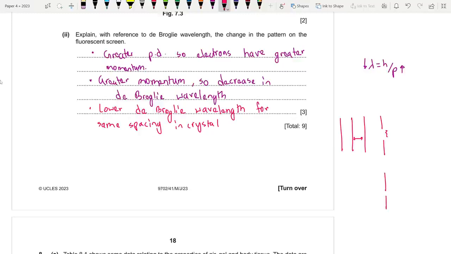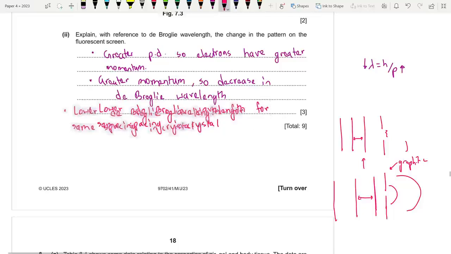If you keep the slit width the same, for this case it's graphite, and increase the wavelength, what actually happens? The angle of diffraction will actually increase. So what happens here? We actually lower the wavelength, right? If you lower the wavelength, that will actually lead to a smaller diffraction angle.